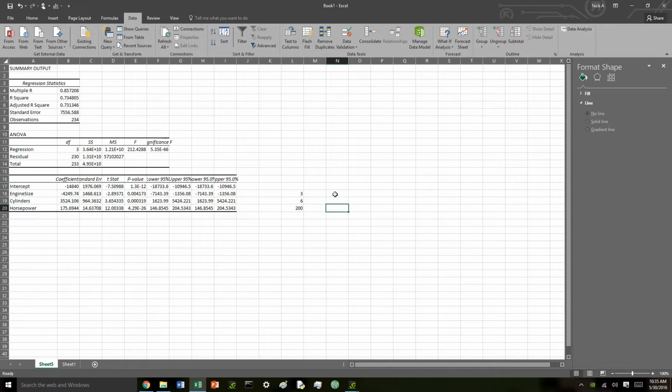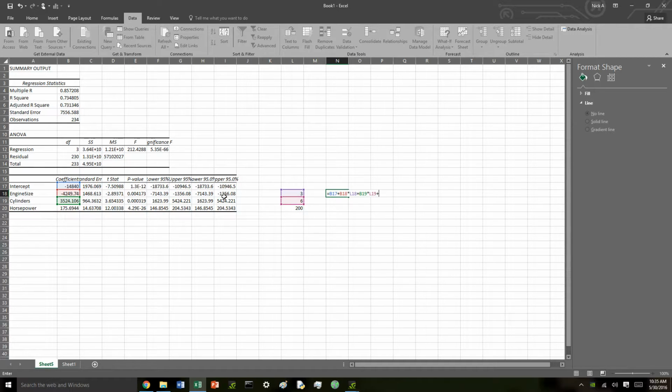You type it here, equal, and then you use the following. For a start, the intercept, then plus, and then you cross multiply. That means you take the coefficient of engine size times the engine size, in this case 3, plus the coefficient for cylinders times how many cylinders you have, plus, and you keep going.